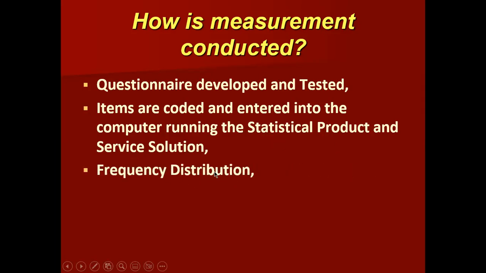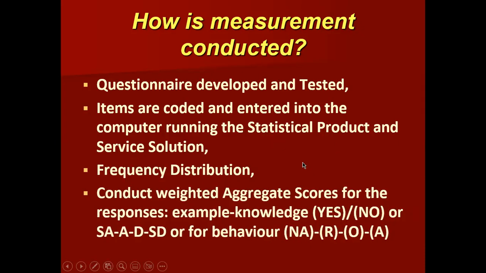So we first of all run frequency distribution. We follow that with conducting weighted aggregate scores for the responses that the respondent has in order to generate what we call the latent variables in the study. The latent variables are the sections of your questionnaire. For example, knowledge. In the knowledge section, we're trying to operationalize with the items, they are latent at the time.